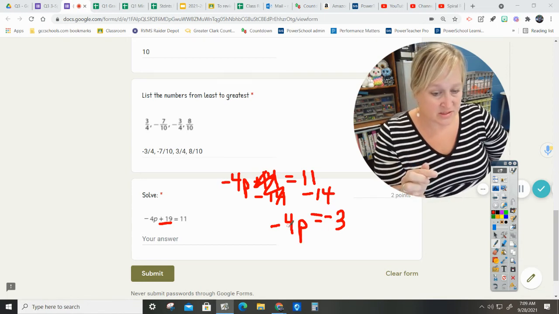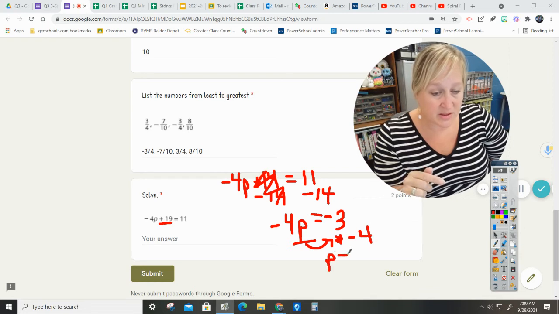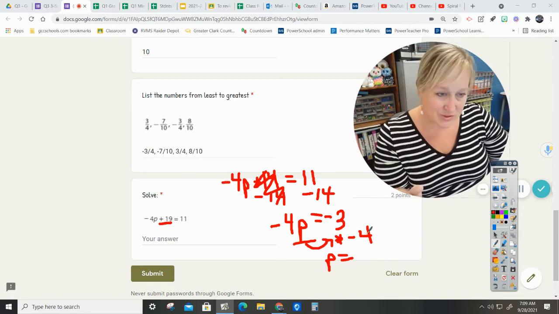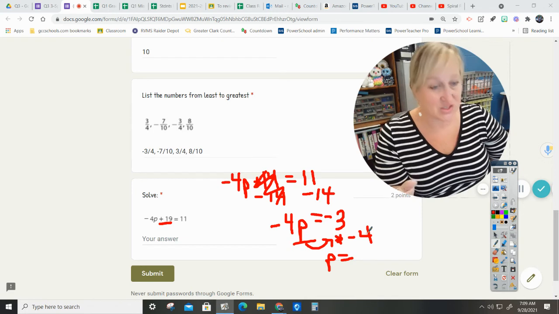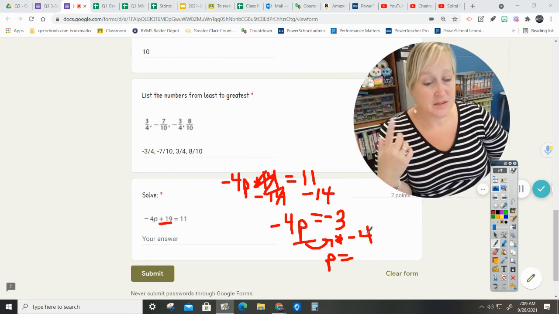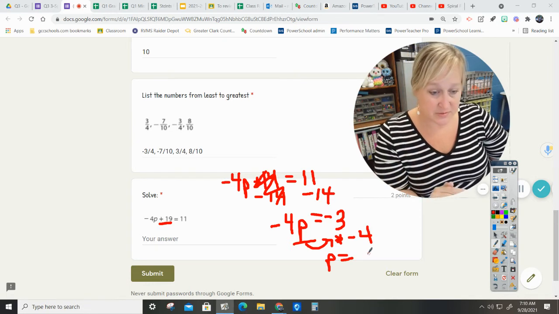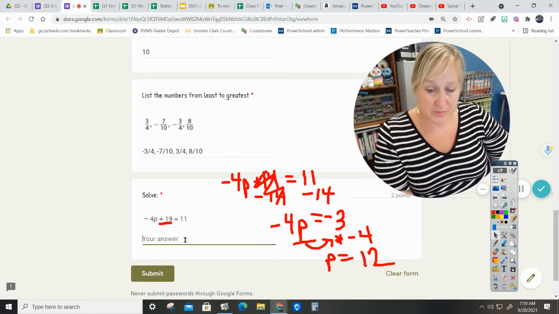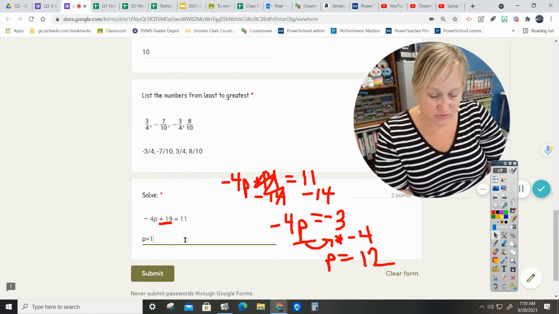Now that means that this is division, so I'm going to move this by multiplying both sides by -4. P then equals -3 times -4. Well, again, there's some rules. Two negatives make a positive in terms of multiplication and division. If we haven't covered that, just accept negative times negative equals positive. So our answer will be P equals 12. I'm going to type P equals 12.